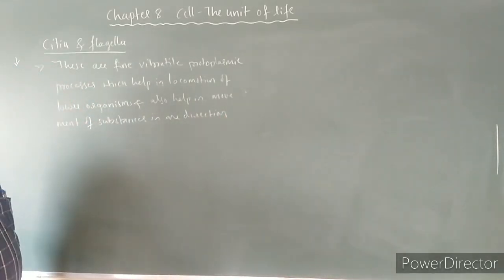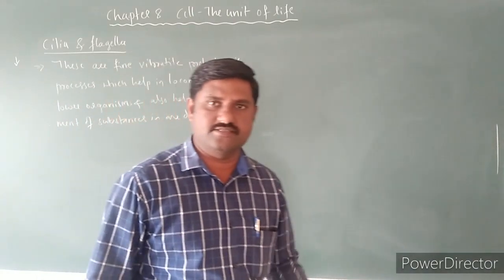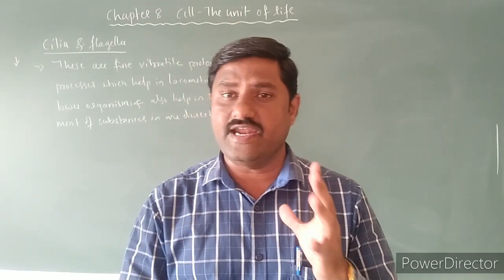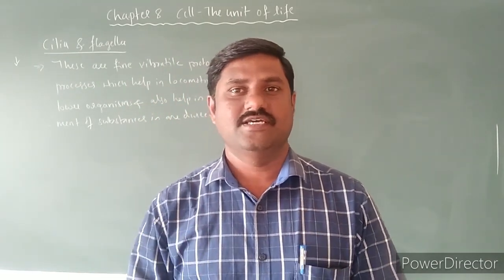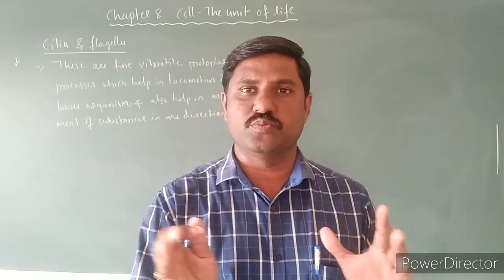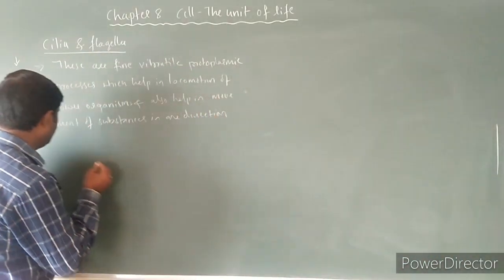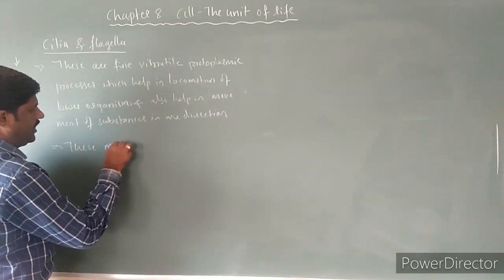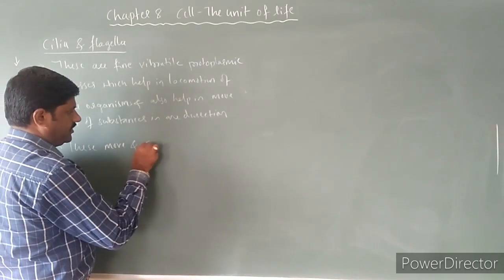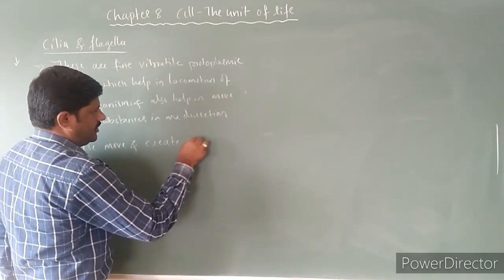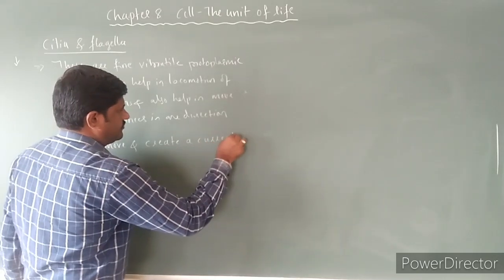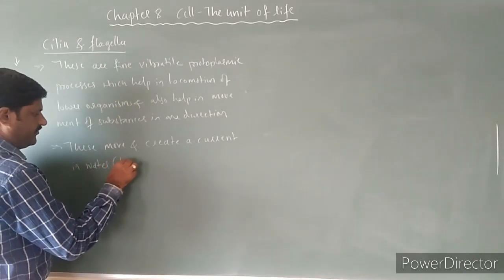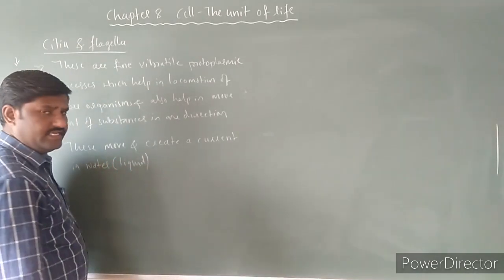And such protoplasmic vibratile processes are called what? They are cilia as well as flagella, and these create a kind of current in the water, so that helps the animal to move in one direction, right? So these move and create a current in water especially, or in any liquid medium.